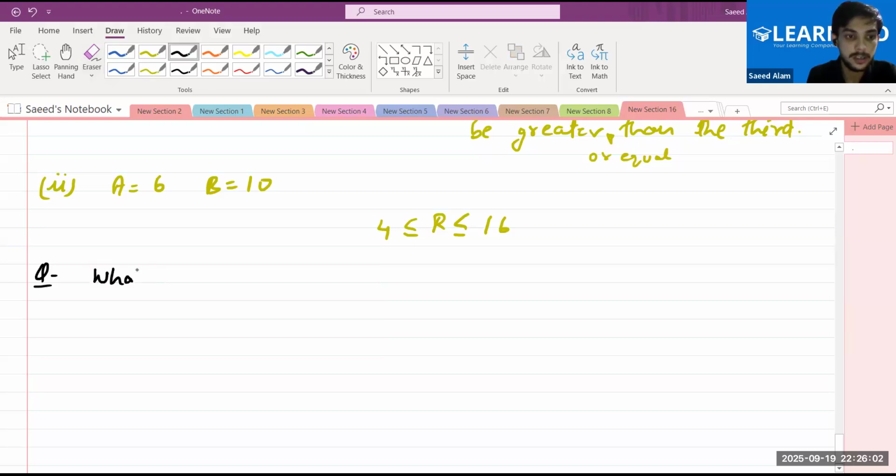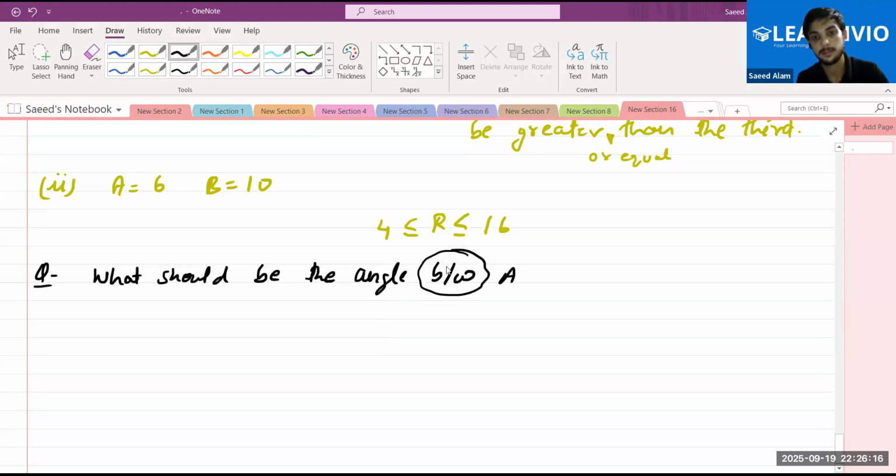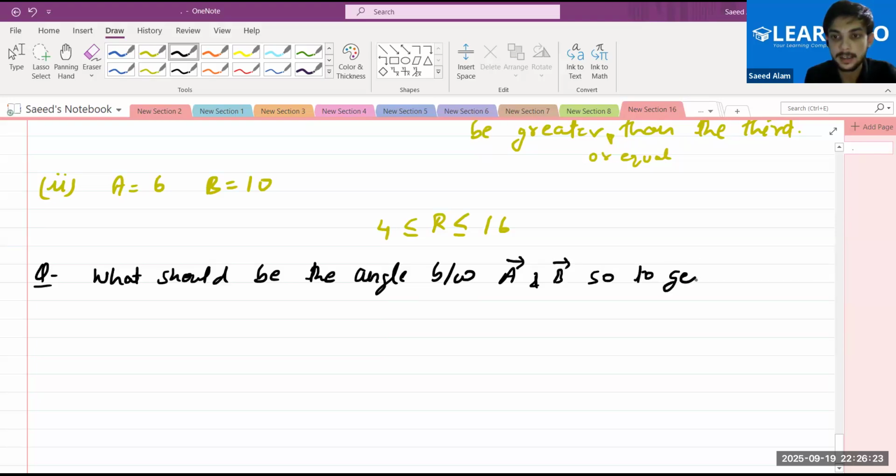So what should be the angle between A and B, can you see this now? I am writing the angle between A and B like this, to get resultant R equals 12. And what I'm giving you over here is that A is 6 and B is 10.